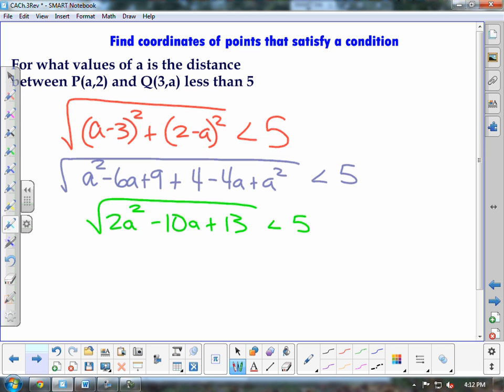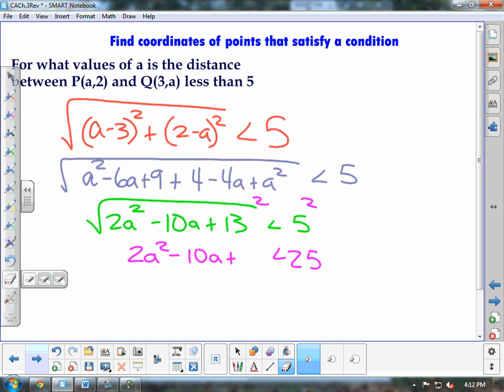And then if you square both sides, you would get 2a squared minus 10a plus 13, which would be less than 25. Because when you square something, it just takes the square root away.